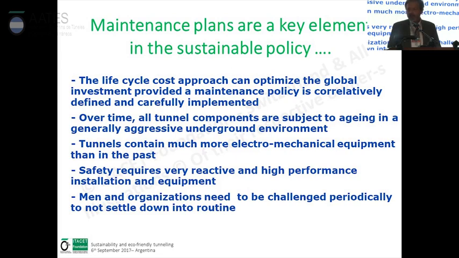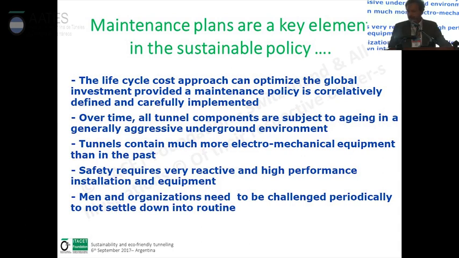a lot of things. But if we don't care, we know that after, let's say, 2 or 3 years, for many, many reasons, we can have trouble. I mean, evacuation is not working anymore, ventilation is out of use, many, many things can be deteriorated very, very quickly.